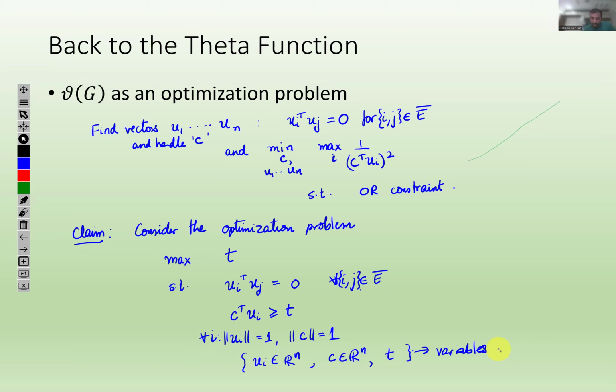So I say consider the optimization problem maximum over T such that ui transpose uj equal to 0. Okay, I want to maximize the value of T such that the constraint is satisfied. This is just the orthonormal representation constraint, and C transpose ui is greater than or equal to T. Okay, so suppose Z star is defined as the optimum of this.